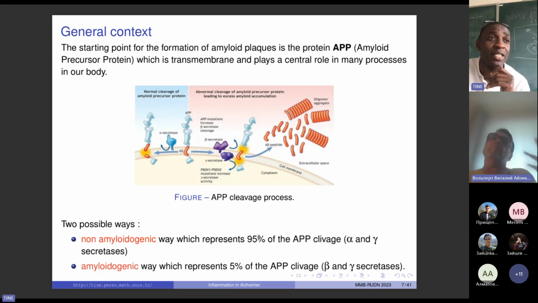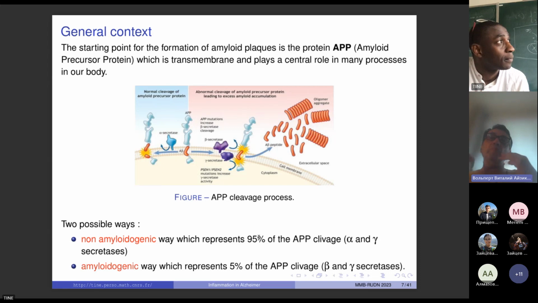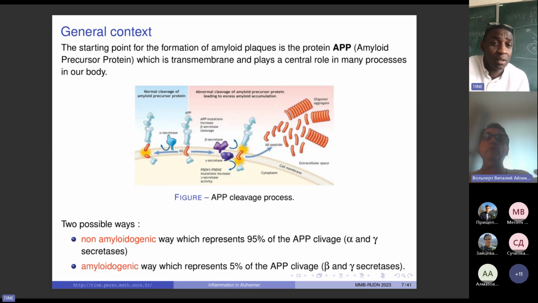Yes, exactly. And I suppose that this is also discussed in the medical literature. Maybe the reason for that is some mutations. So probably there are some mutations which lead to larger production of beta secretase, right?